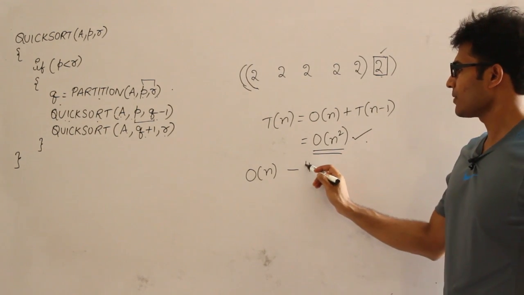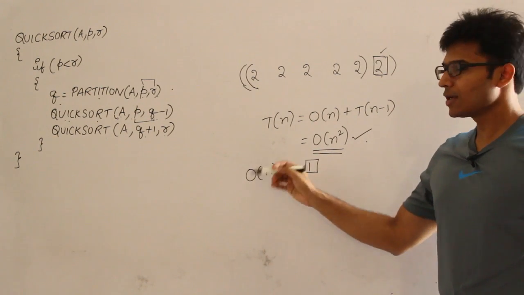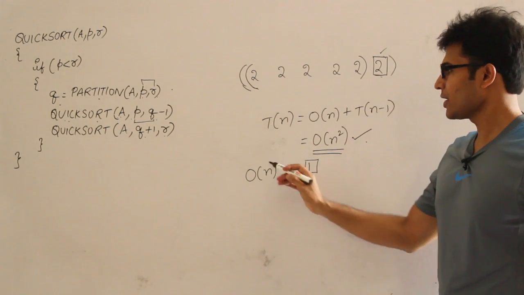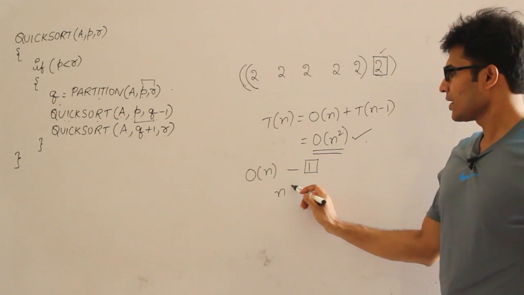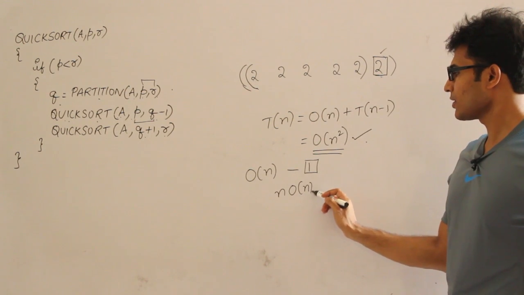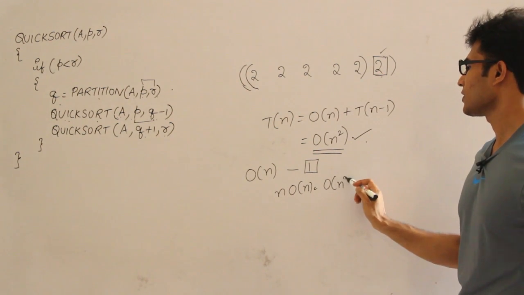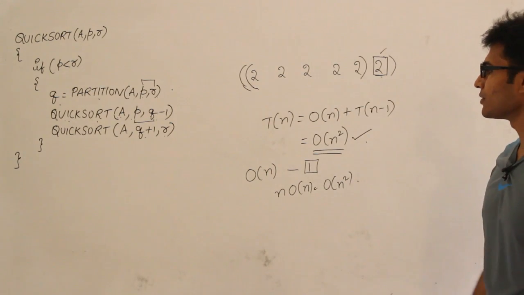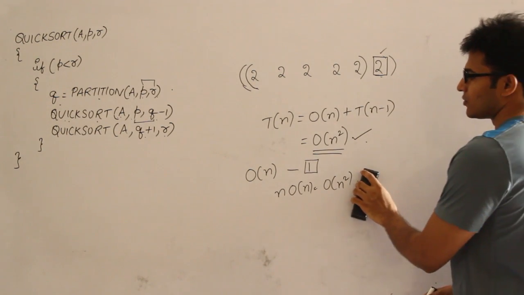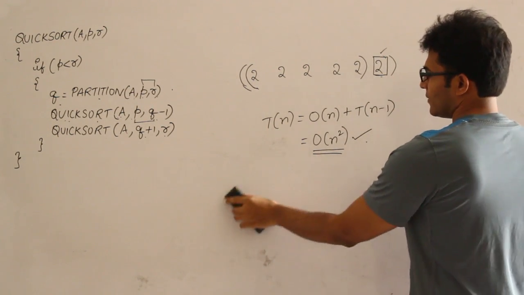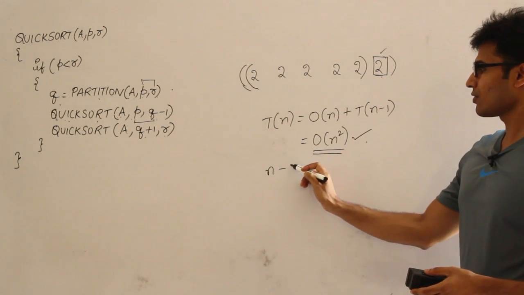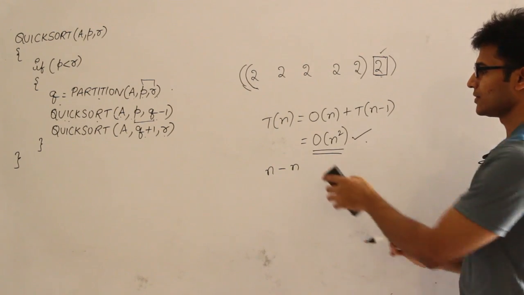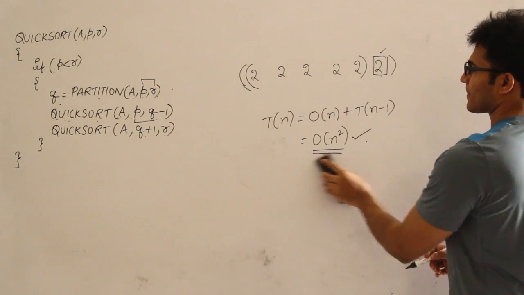In the worst case, in order to put every element in its correct position, I might have to call partition n times, and every time it takes order of n time, so it is going to take order of n square time. That is what is happening here. Initially there will be n elements, right? Then it takes order of n time, which means Cn time.